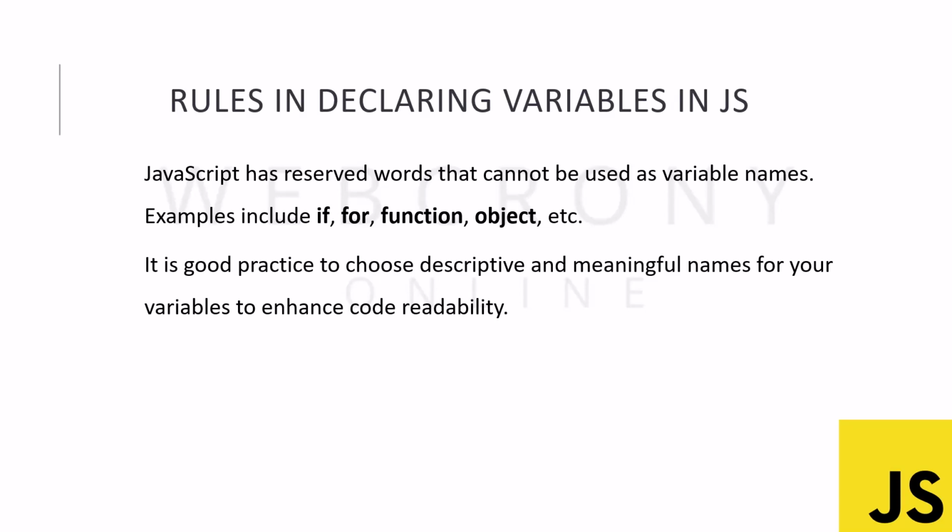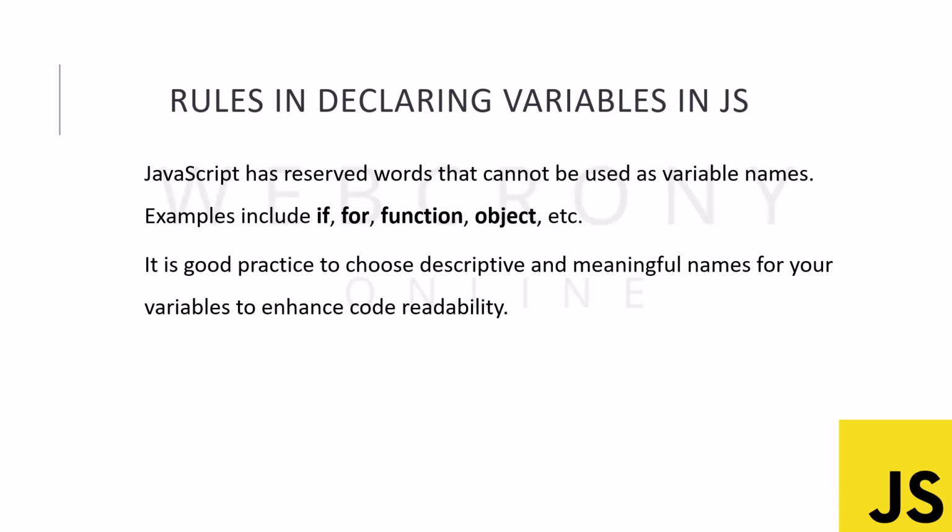So a nice way to explain this to your understanding is this. Suppose you have an array, okay, which is a type of data in JavaScript, and it contains names of cities. It will be good and descriptive and meaningful to name such data or such variable cities.